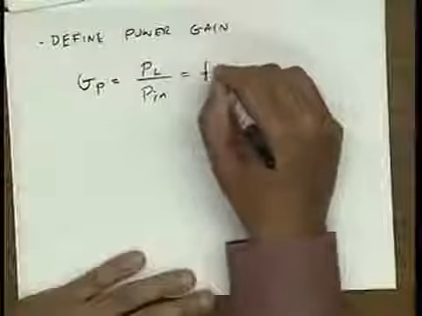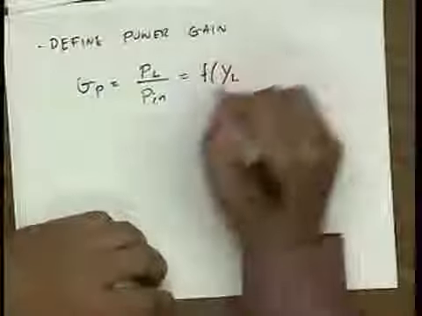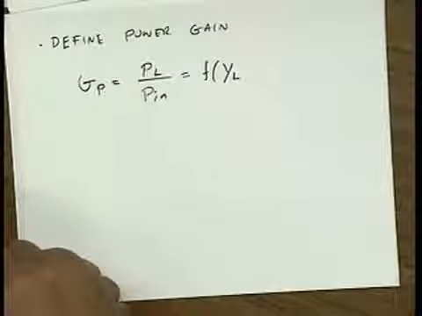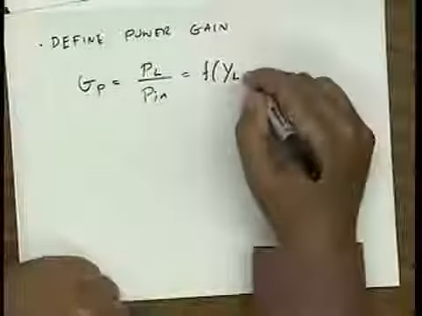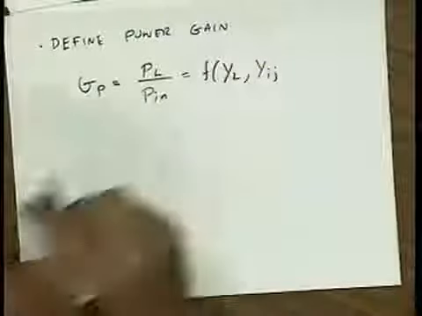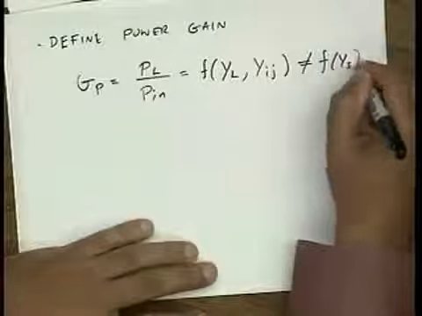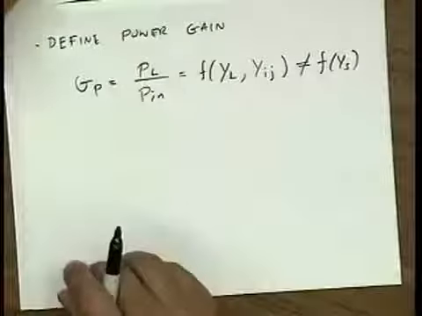And the power that goes into our load is a function of what load admittance we choose, right? And it's also a function of the 2-port parameters of our network. But what's important is it's not a function of the source admittance.